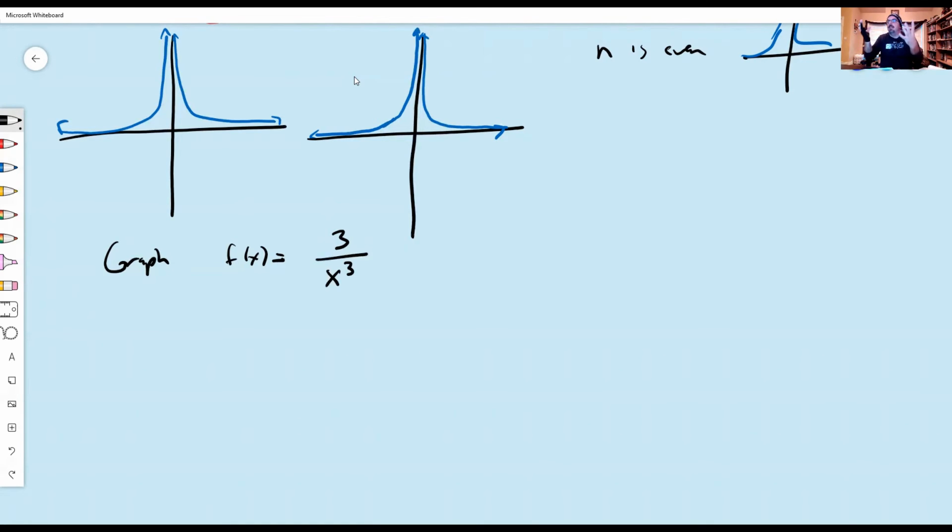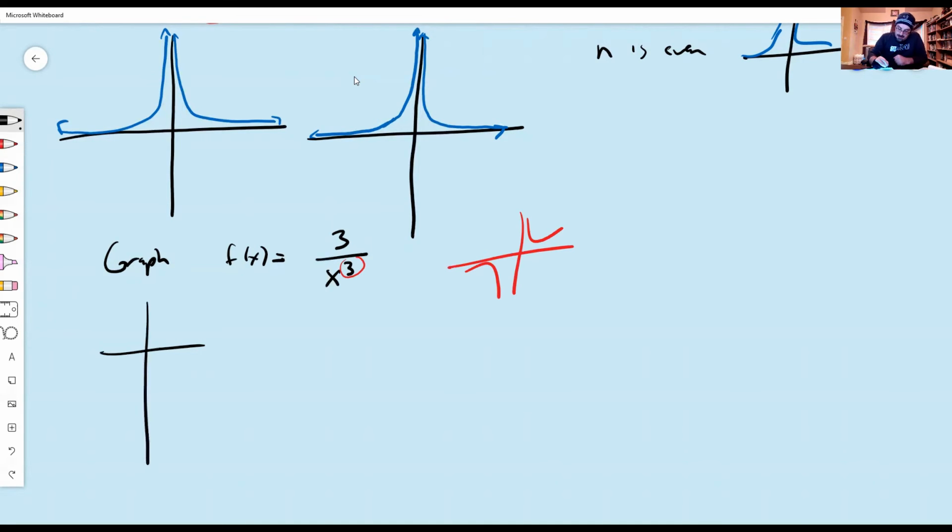And really, as before, since we're at 0 and 0, I should be able to look at the fact that this is odd and know immediately, oops, the negative side is going to go down, the positive side is going to go up. And then we just need to verify that we're correct.